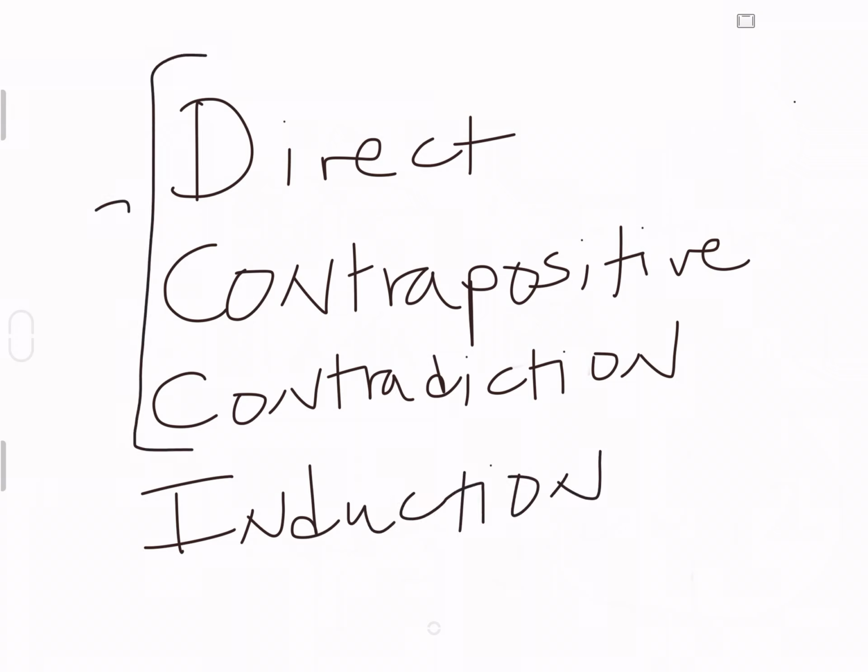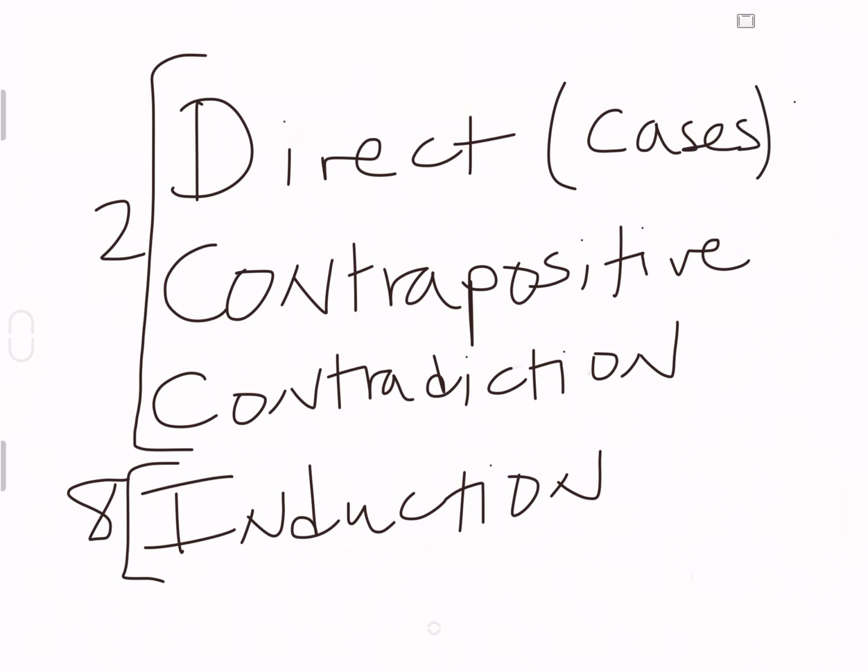This is chapter 2. This is chapter 8. One other type that you'll see in chapter 2 is proof by cases. Proof by cases is really just direct proof. So to me, it's direct, contrapositive, contradiction, and induction.